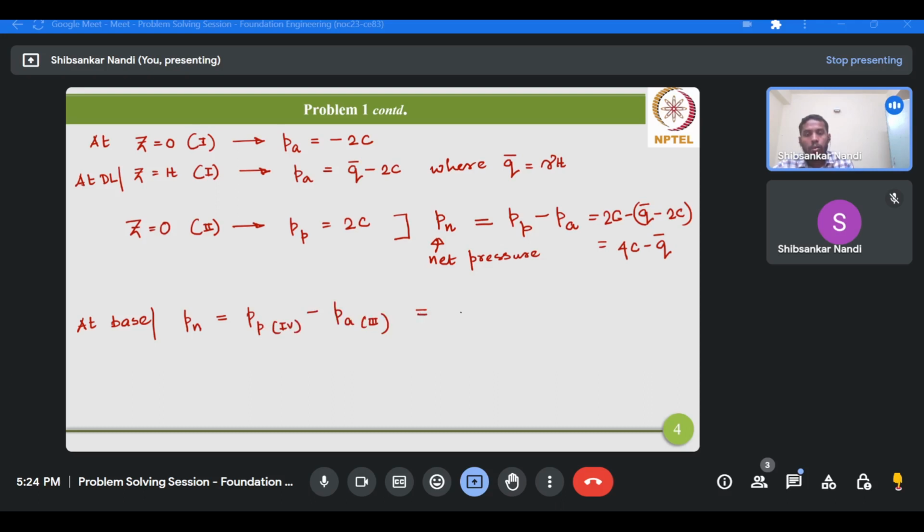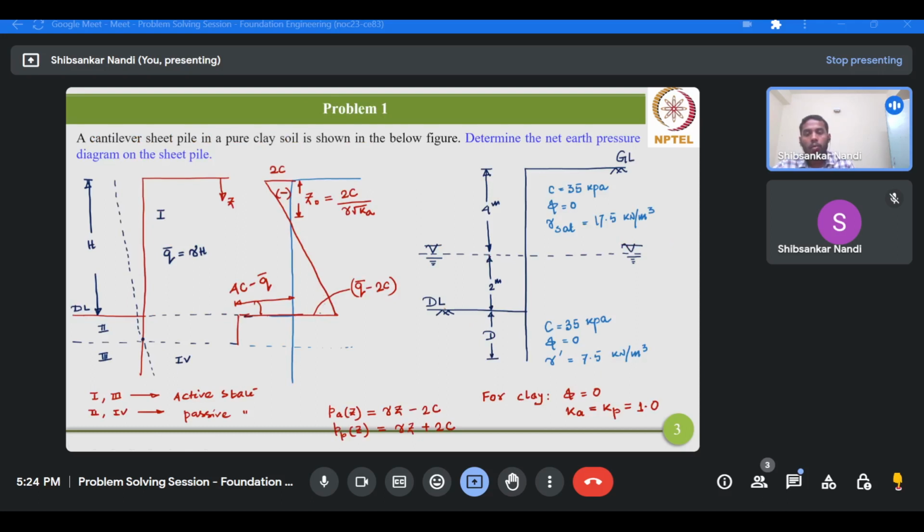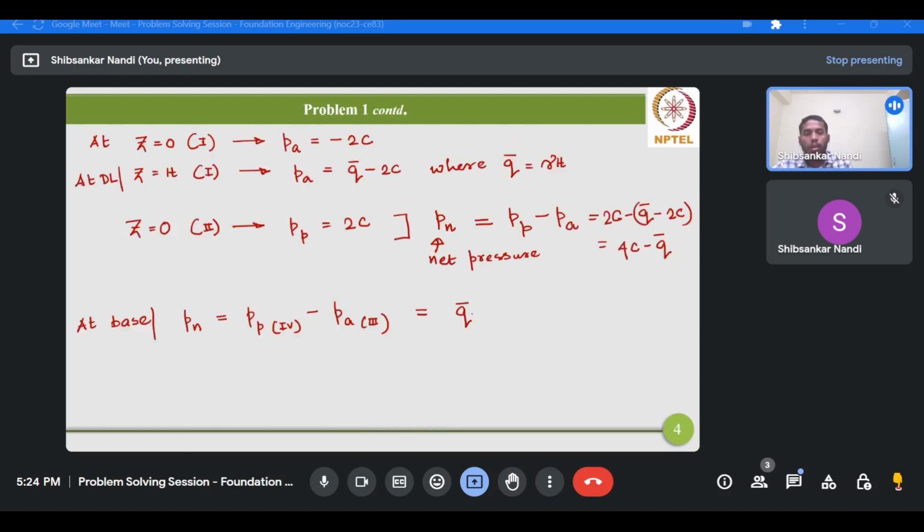So Pp4 will be q bar, that is the vertical overburden up to the dredge level, plus this part. This dimension is basically d, the embedment depth. So q bar plus gamma d plus 2c. This is the passive earth pressure from region 4.